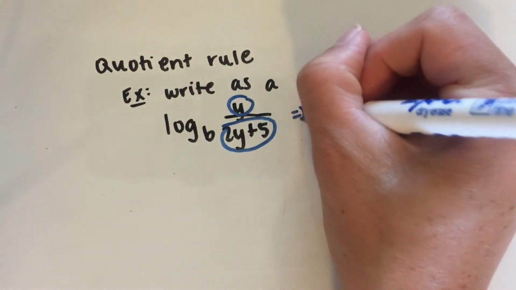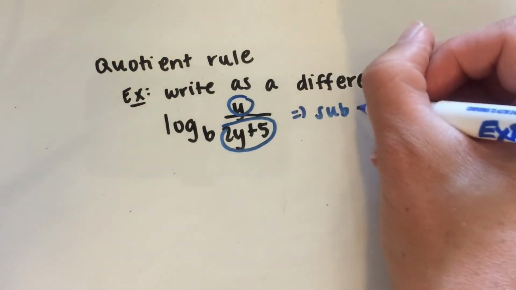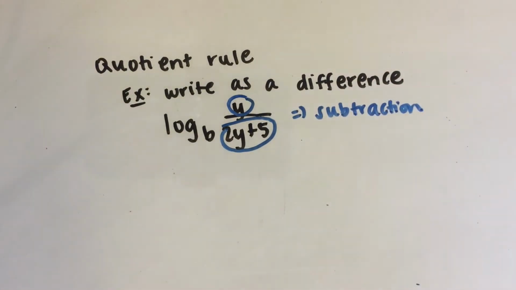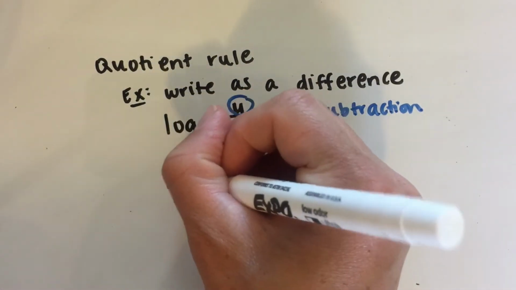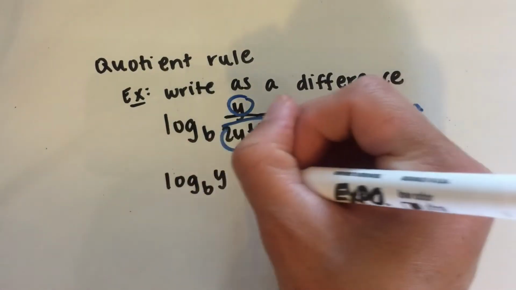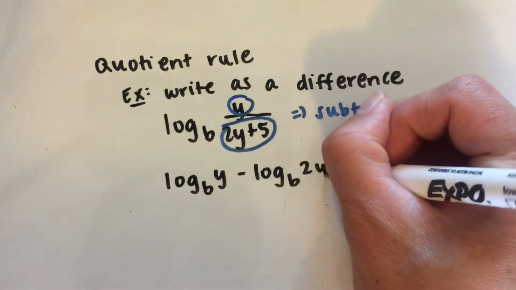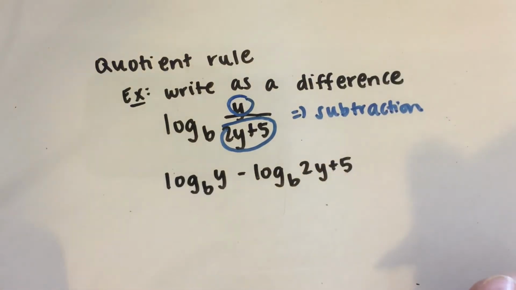Our y is on the top, so it will be subtracted first. So we have log base b of y minus log base b of 2y plus 5.